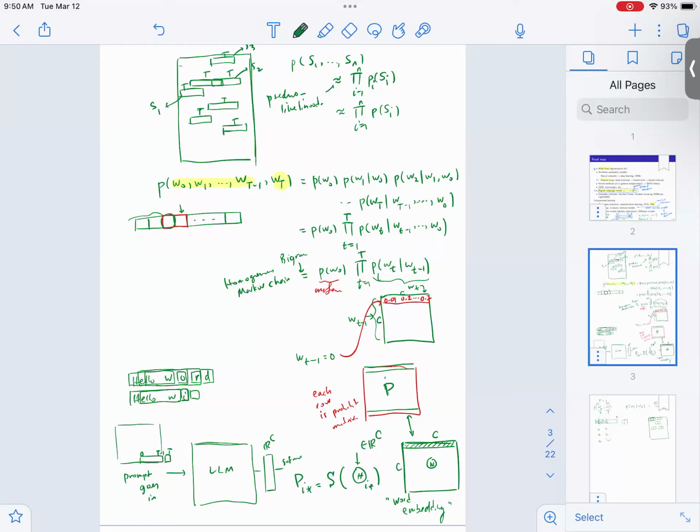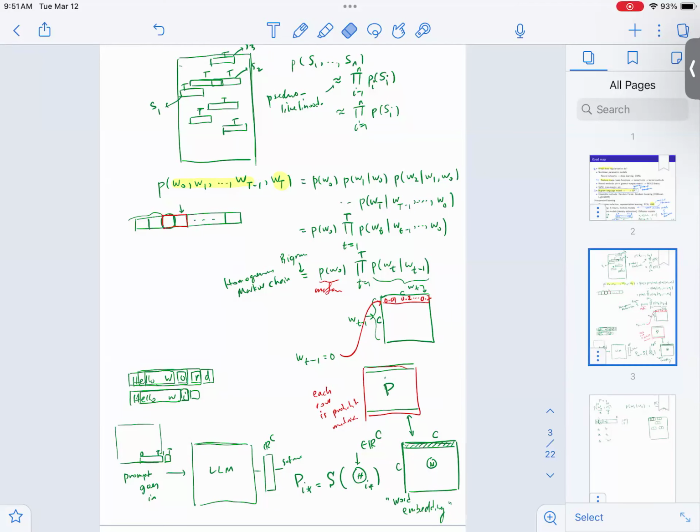But if I also assume that it doesn't depend on t, then this is just a constant probability table, the same for every t.